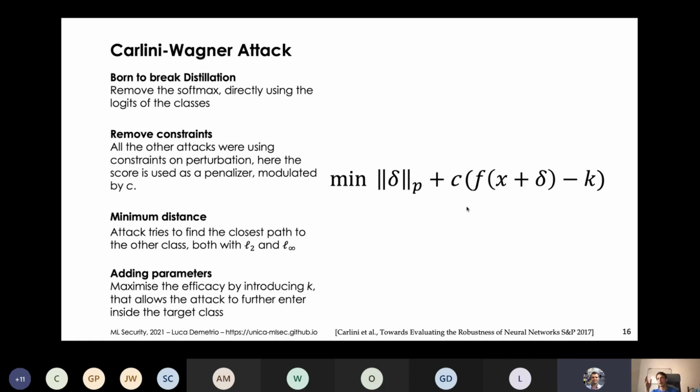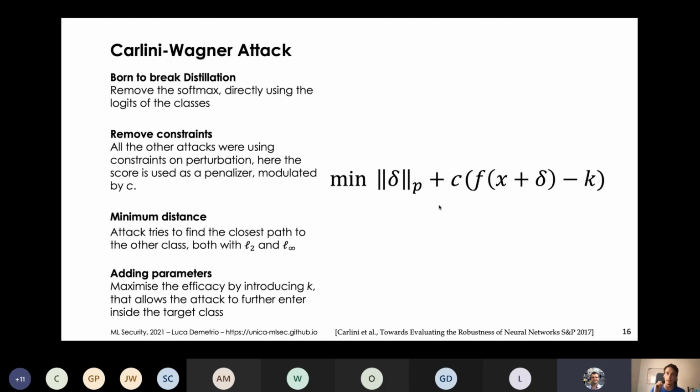From an optimization point of view, it is just a constant that modulates how much this quantity is relevant to the optimization problem. If this C grows a lot, it might take the score of the classifier to a magnitude that hides the norm of the perturbation. So it really acts as a regularizer, for those familiar with training classifiers with regularization.